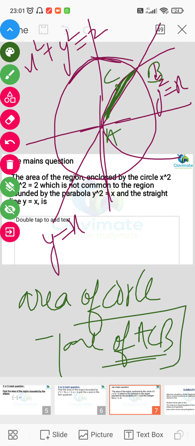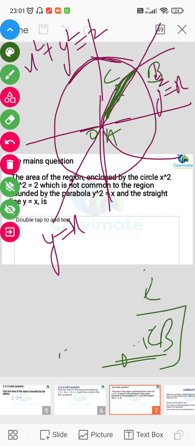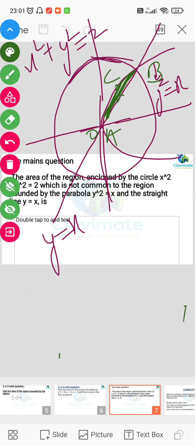Okay, let us solve this further. We have to find the value of this point.